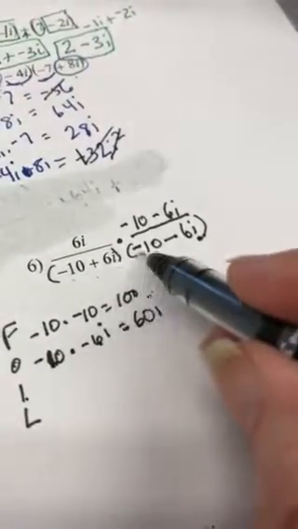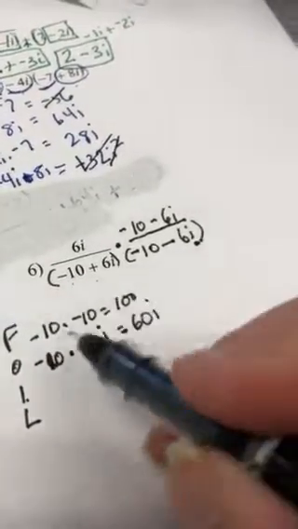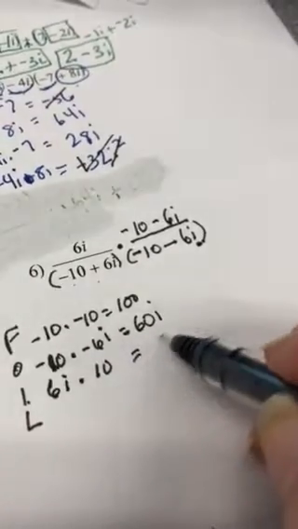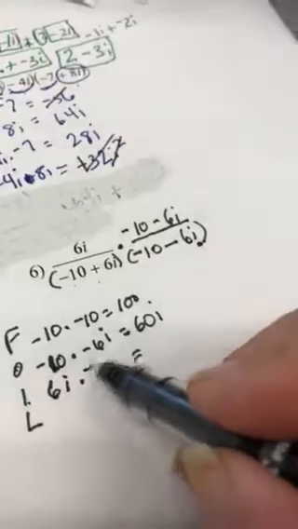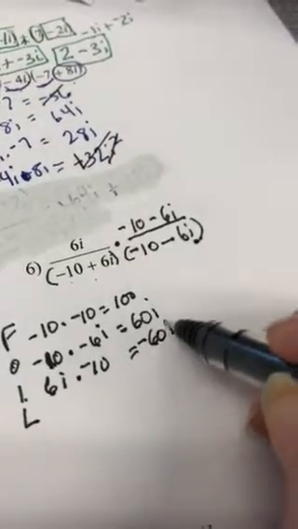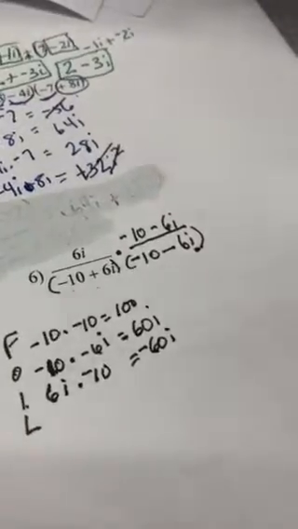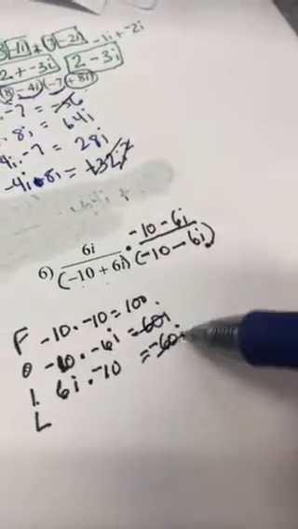Now my insides are these 2 right here. 6i times negative 10 is negative 60i. Oh, glory, hallelujah. They're opposites, they're going to go away.